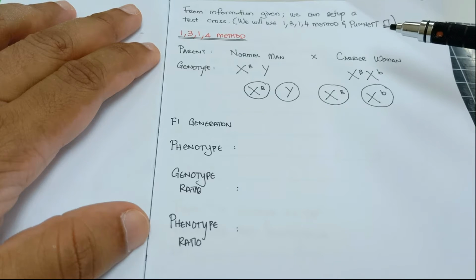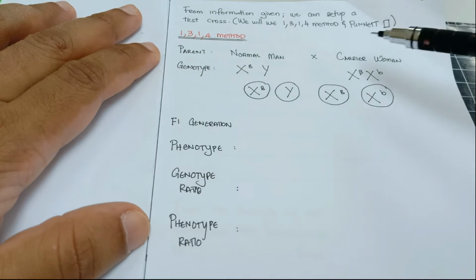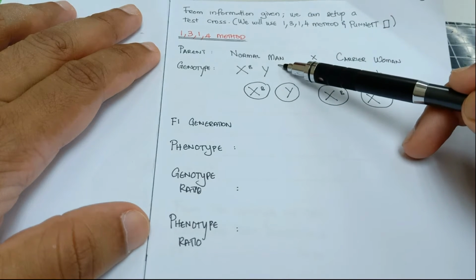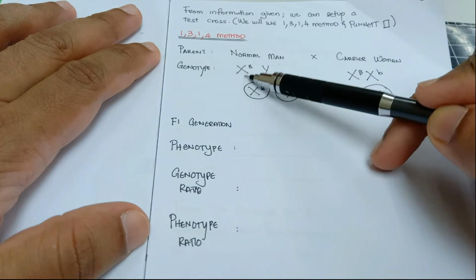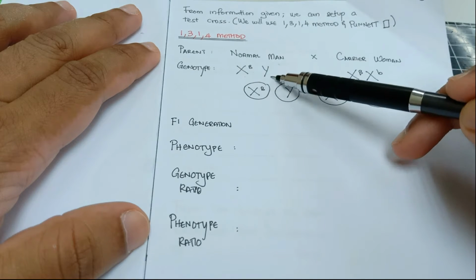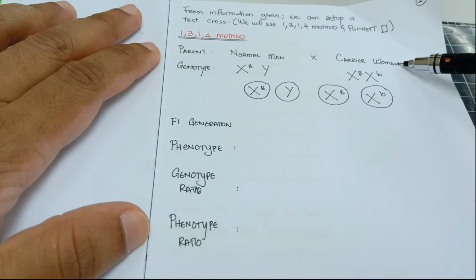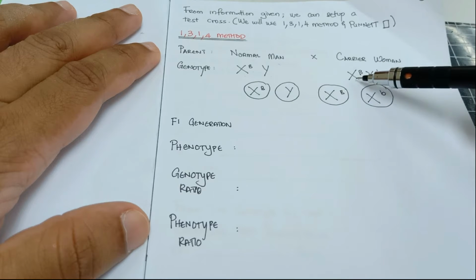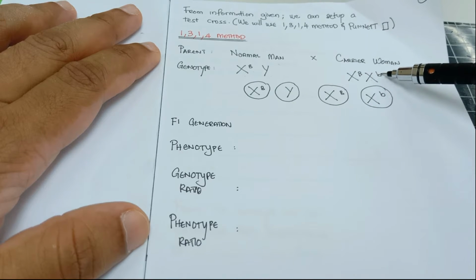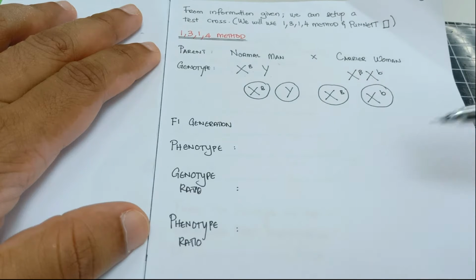For the 1314 method, let's look at the cross between a normal man, represented by X with a capital B and Y, and the carrier woman, with the X with a capital B and X with a lowercase b. So I've set up the test cross for the 1314 method as such. So we will do the cross shortly.